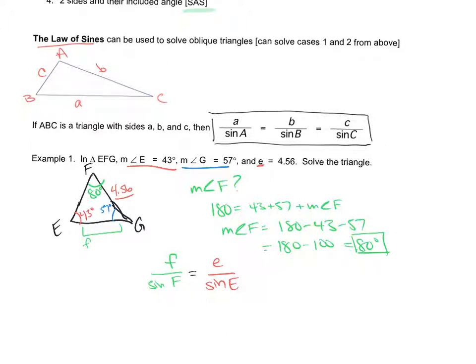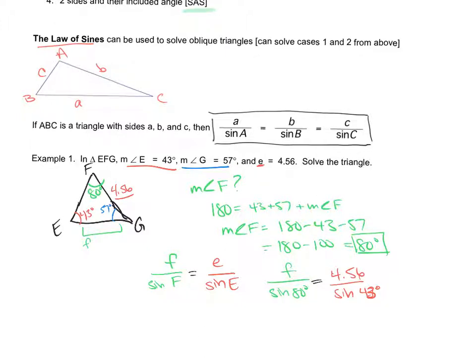So we're going to find f, but we know that the sine of F is going to be the sine of 80 degrees, which is just some number that we can get from our calculator. And that is going to be equal to, the length of side e is 4.56, and then the sine of angle E is the sine of 43 degrees. Again, that is just some number that our calculator will give us.